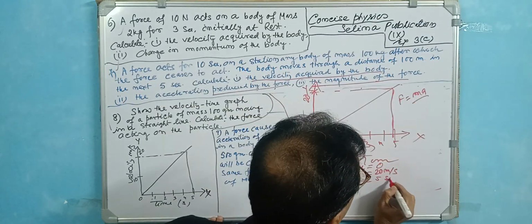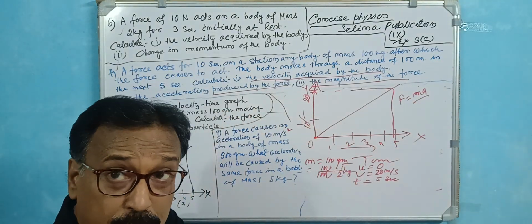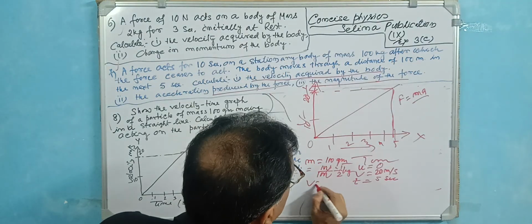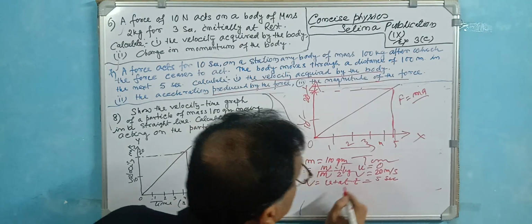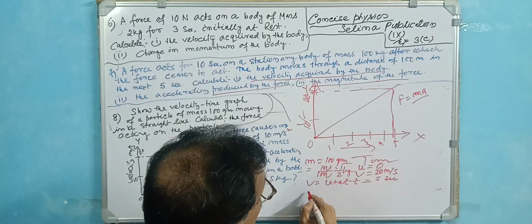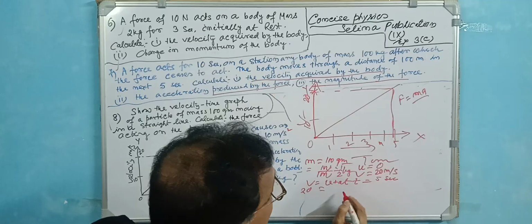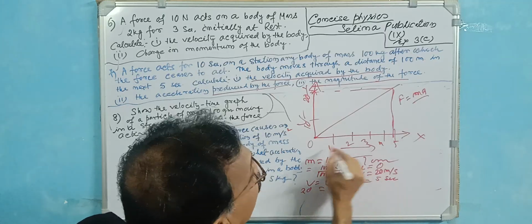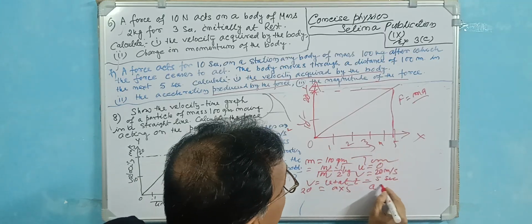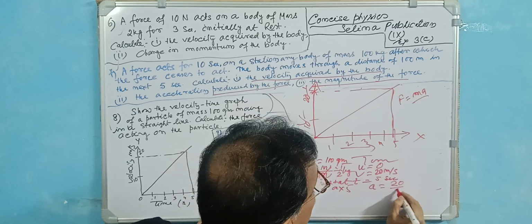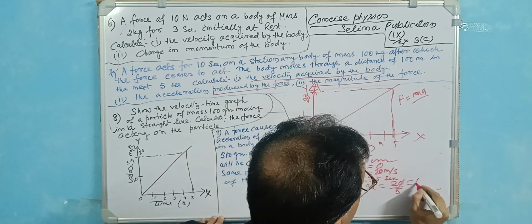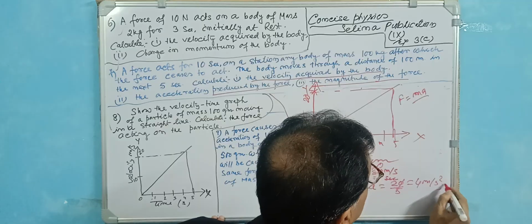So V is equal to u plus at, u is 0, so 20 is equal to a into t, and t is 5 seconds. So a is equal to 20 by 5, 4 meter per second square.